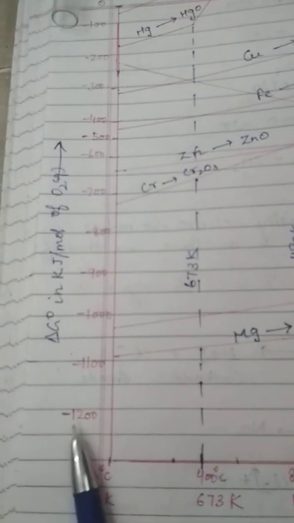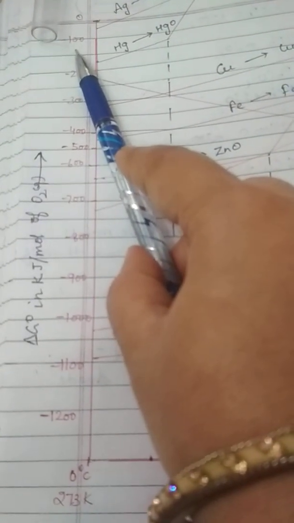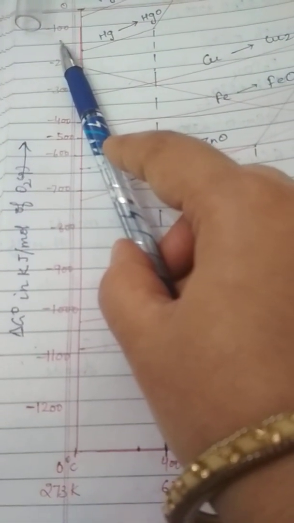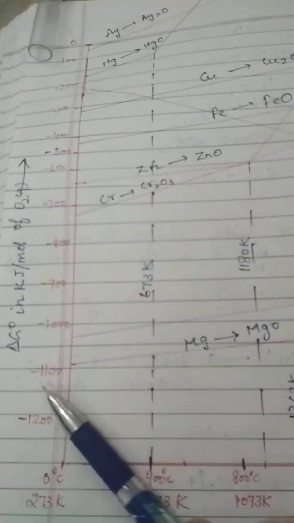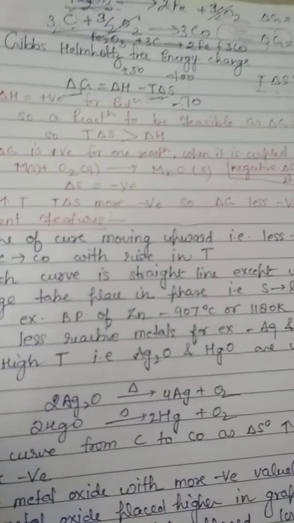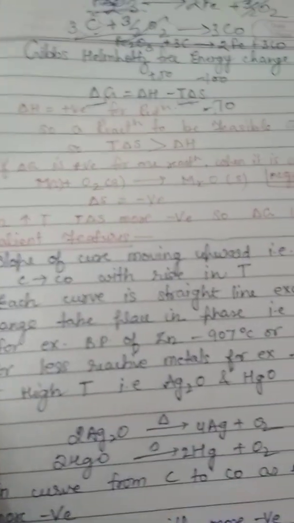Mathematically, minus 100 would be the greater value, but now we are considering from more negative to less negative to positive. It must be understood. Now let's see how we would be able to select the suitable reducing agent.